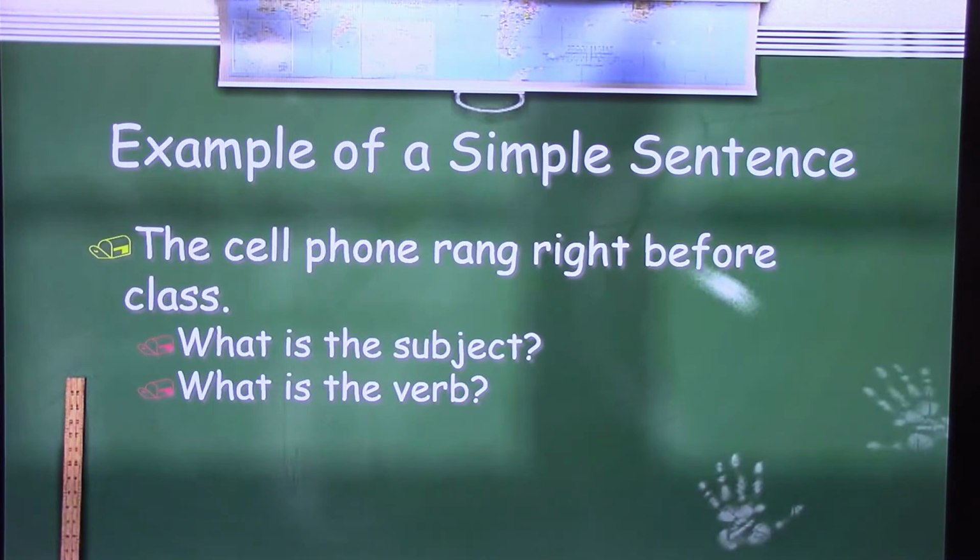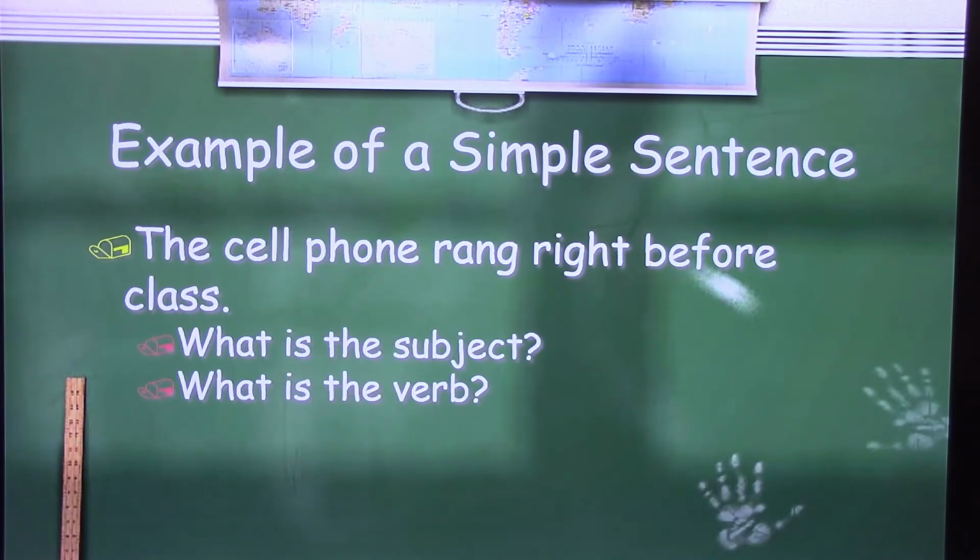Let us look at this simple sentence. The cell phone rang right before class. It says this cell phone just rang before we start with the class. So it gives us one complete thought. It tells us what happened, what the cell phone did.